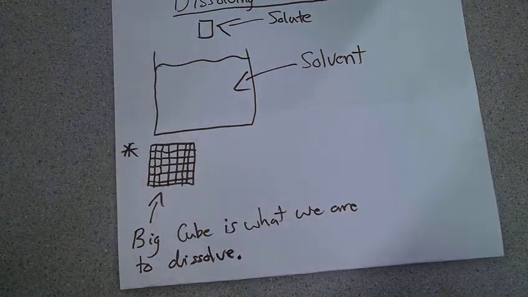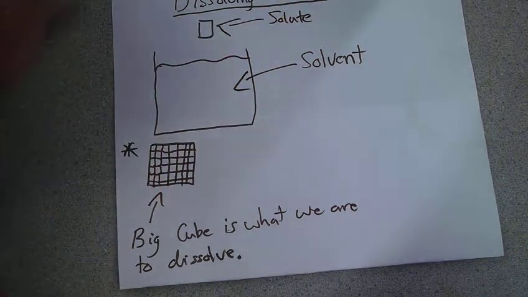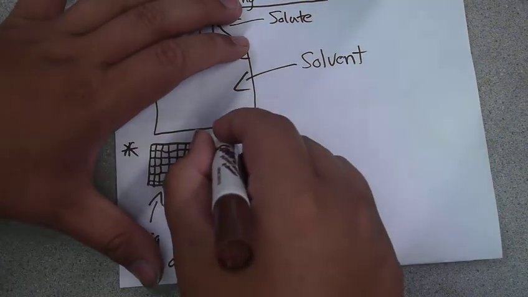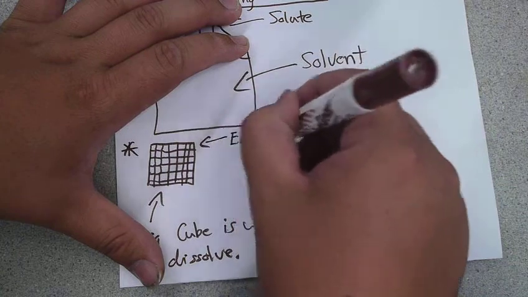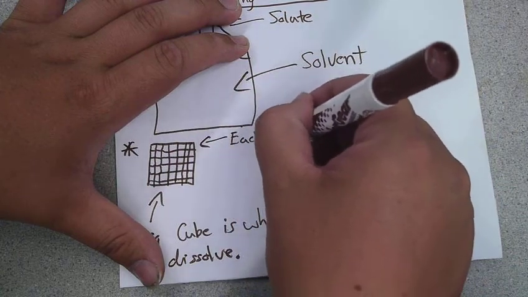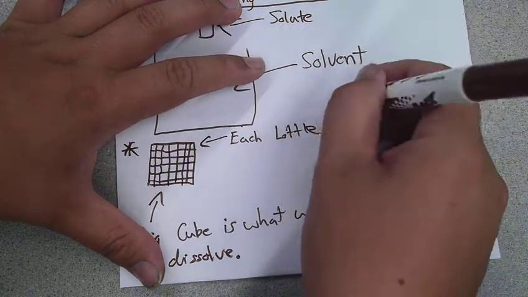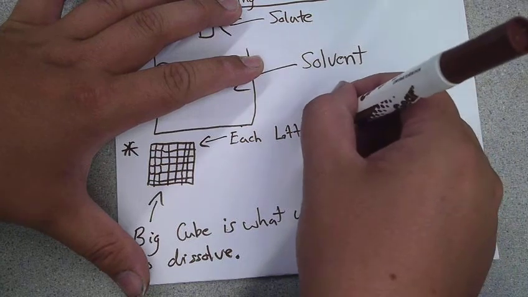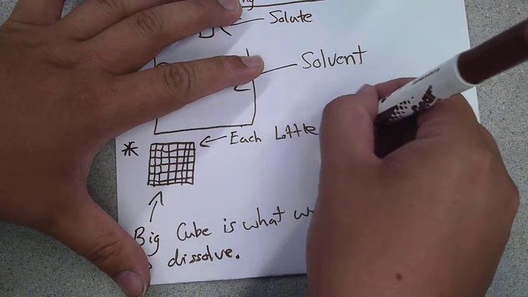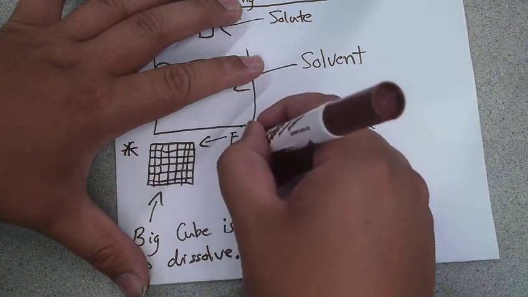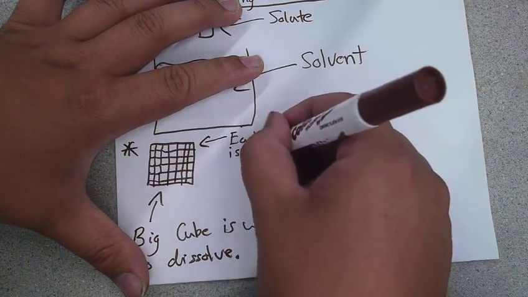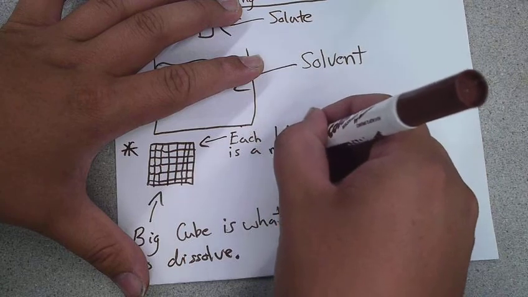Each individual little cube is going to be a molecule. So the big cube is made of lots and lots of different molecules stuck together. Each little square, I should say, because this is two-dimensional, is a molecule.